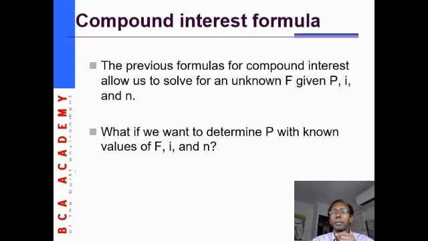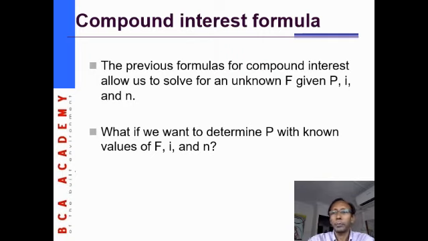So whatever we have been doing, I want to do the calculation in reverse. In other words, what if we want to know the P to be invested? I don't know what is the amount to be invested, but I know exactly what I would like to get after 10 years. I know how many years later. I know what is the current interest rate in the bank for the next 10 years. I must know for the entire period what the interest rate is. And how will you do it? This is what I'm going to explain next.